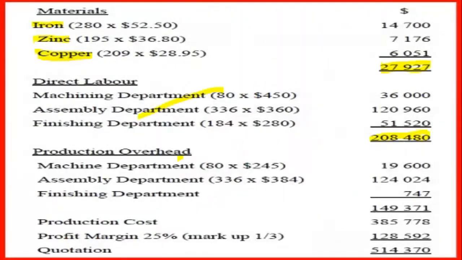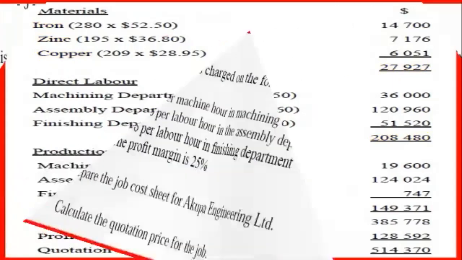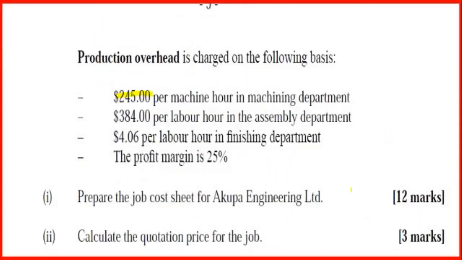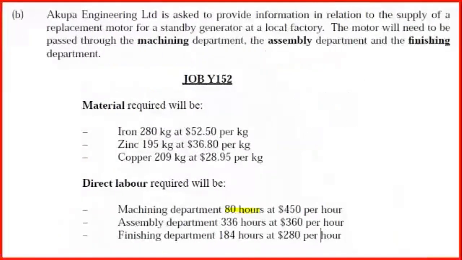Okay, so 245 by 80 hours. Machine assembly department 336 by 384, and that is coming from here. 384 comes from here, and 336.